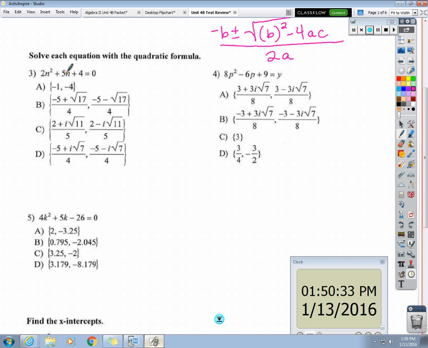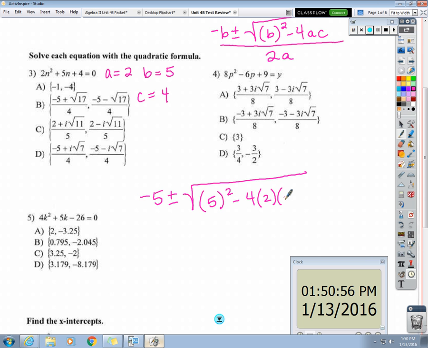For this particular problem, what's a? b and c? Now let's fill it in. You tell me what to write. Which is 5 squared minus 4 times 2 times 4, all over 2 times 2, which is 4, correct.